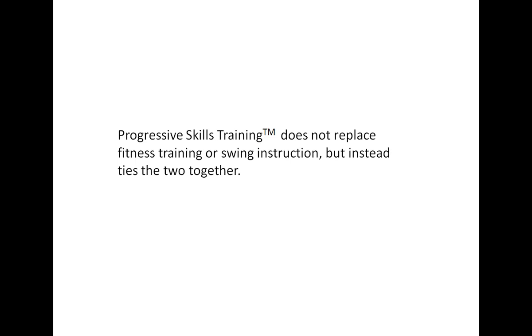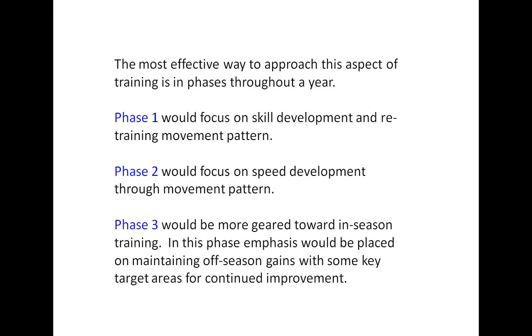So understand that progressive skills training doesn't replace, and it doesn't even really overlap. It really is the glue that binds the two together, allowing the athlete to maximize their efforts, to maximize their functional capacity, to perform at their absolute best at the given activity.